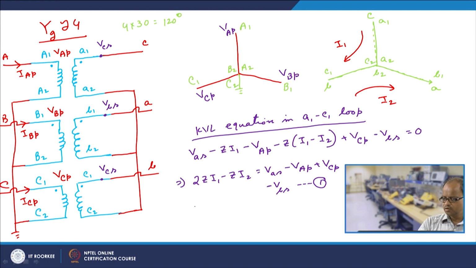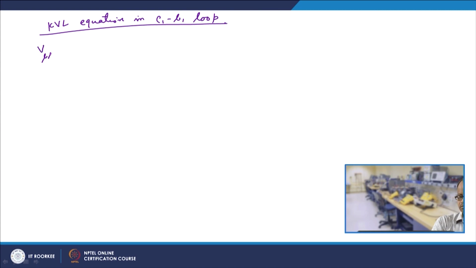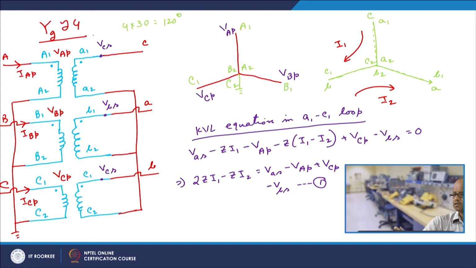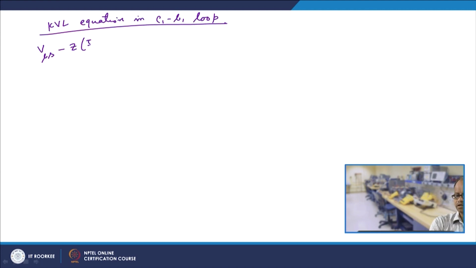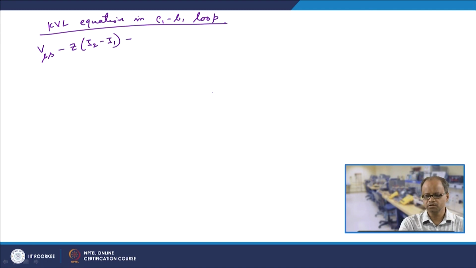If I now write down KVL equation in C1 B1 loop, so it is VBS minus Z, in this direction current is I2 minus I1, Z into I2 minus I1, minus, in this direction the voltage drop, this reflected voltage drop is VCP.